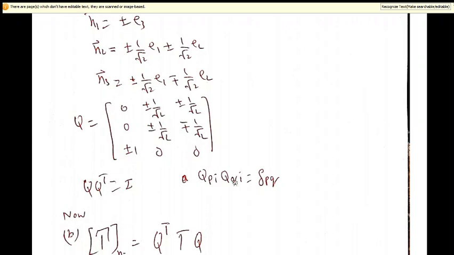This will be Q11 Q21 plus Q12 Q22 plus Q13 Q23, which is 1 over 2 minus 1 over 2 plus 0.